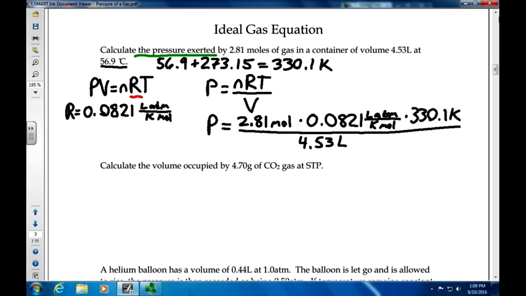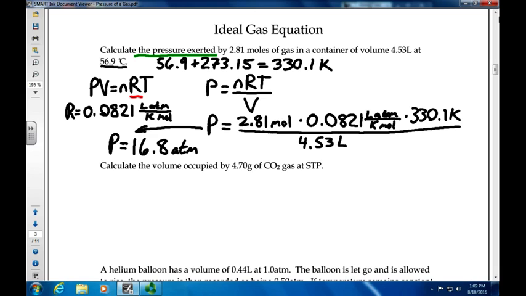When you do the arithmetic out, you will find, we're going to put it over here, pressure is equal to 16.8 atmospheres.